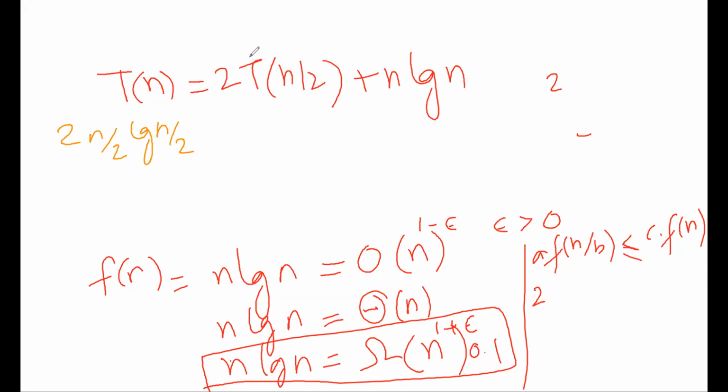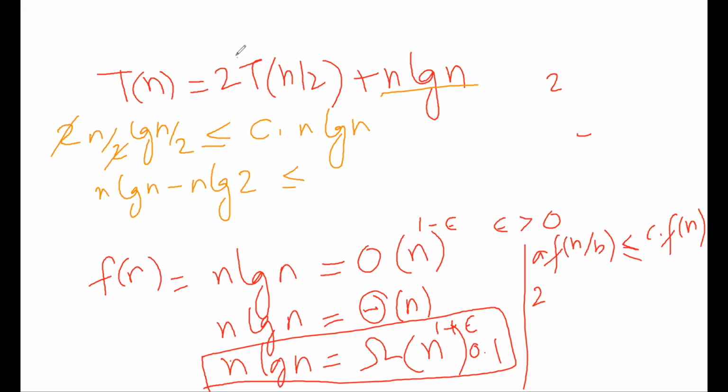I'm just substituting f of n by 2 in n log n. This should be less than or equal to some constant into n log n. So 2 and 2 cancel. So I get n log n minus n log 2 less than or equal to c into n log n.